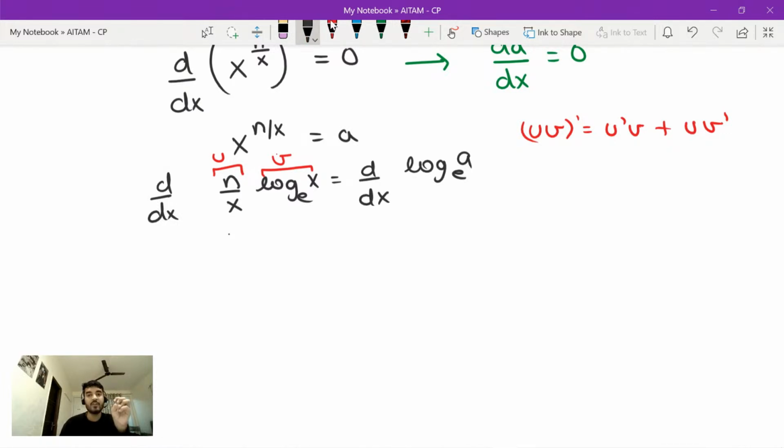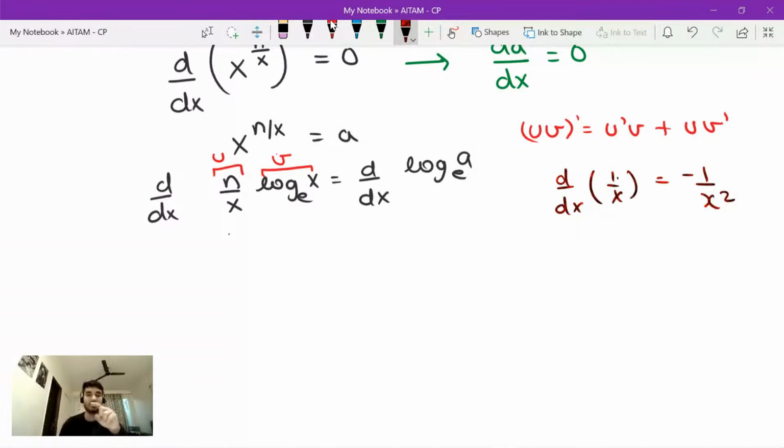And the differentiation of d by dx of 1 by x is equal to minus 1 by x square. I have to move the x to the backward, and then subtract: its power will come to the front, and it has to be subtracted by 1.